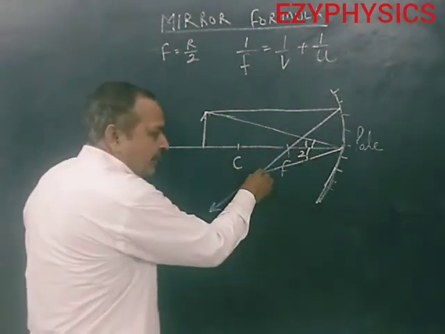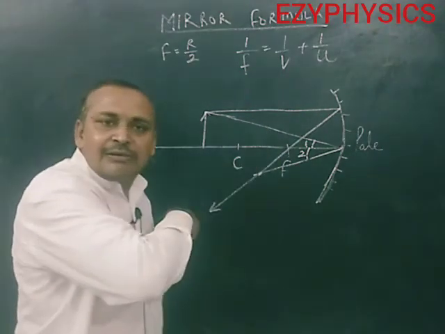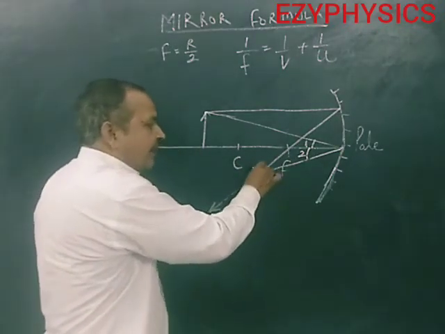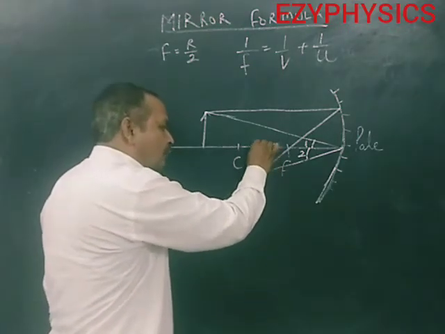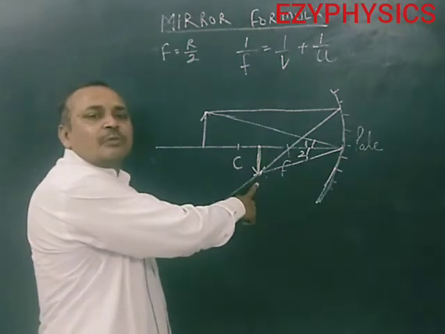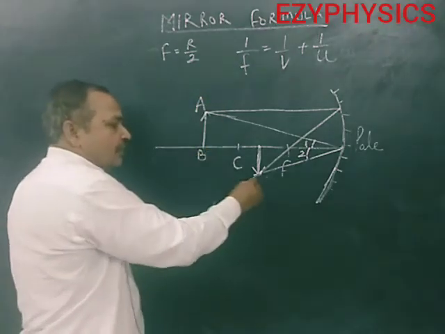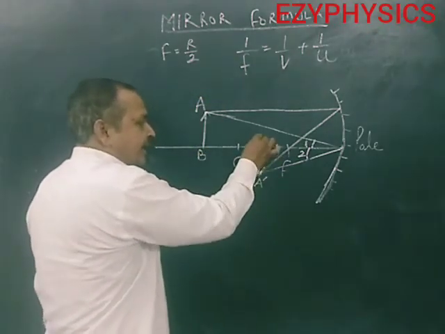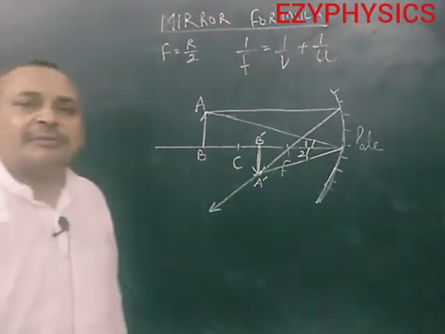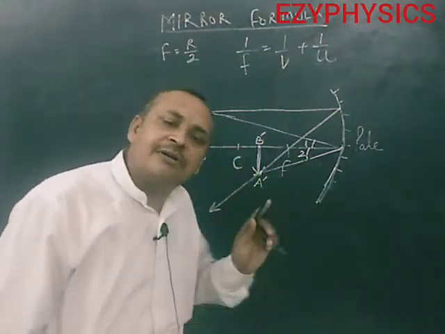And the point where these two rays, that means the ray from the first rule and the ray from the second rule, meet, there you get the image of the object. So this is my object and this is the image of that object. Now if I consider AB as the object, then obviously A dash B dash will be considered as the image of this particular object in front of the concave mirror.